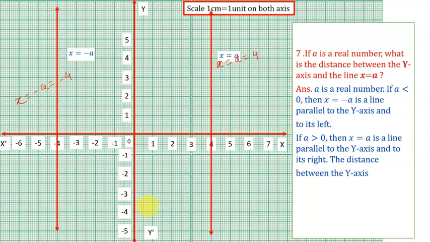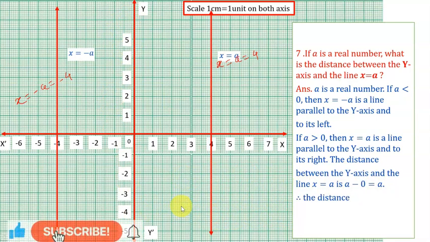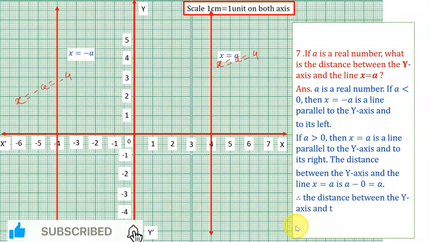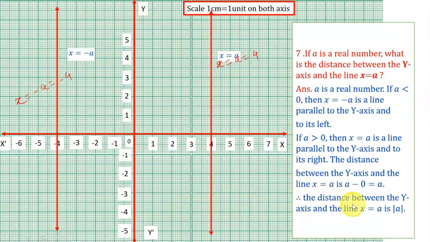The distance between the y-axis and the line x is equal to a is a minus 0, and that's equal to a. Therefore the distance between the y-axis and the line x is equal to a is nothing but the mod of a. So the distance will be the mod, because even if it is negative, we take the distance as positive.